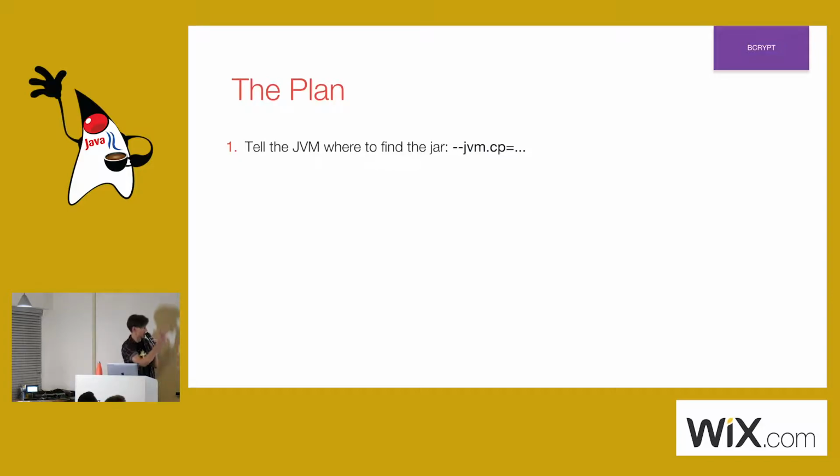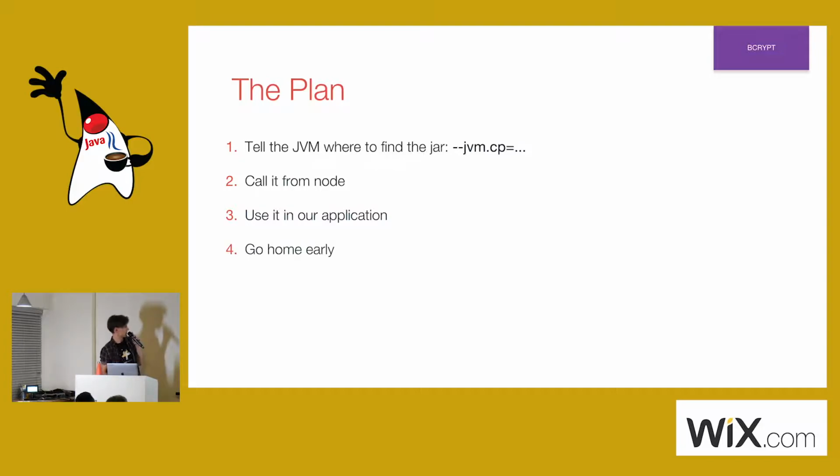For that, we use the command line argument, which is --jvm.cp, where CP stands for class path, and you put your regular Java class path there. Step 2, call this function from Node, just so that we can see that it works. Step 3, integrate it into our application, and then step 4, we get to go home early because we did everything.